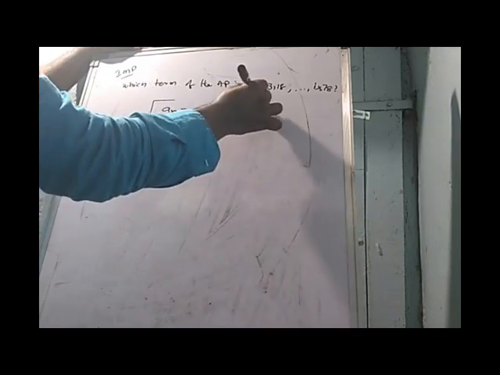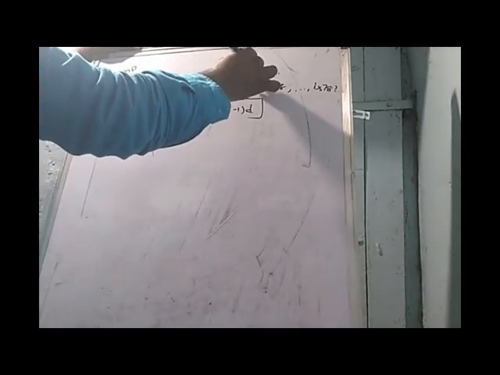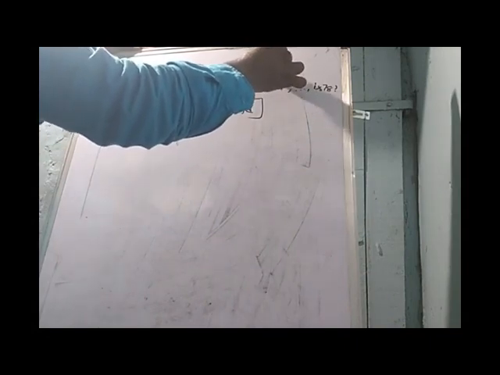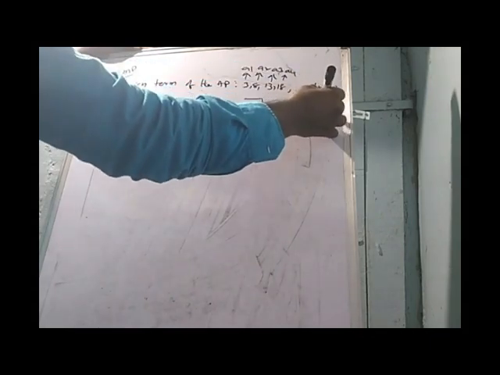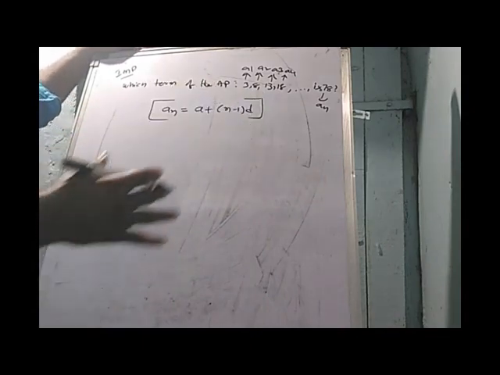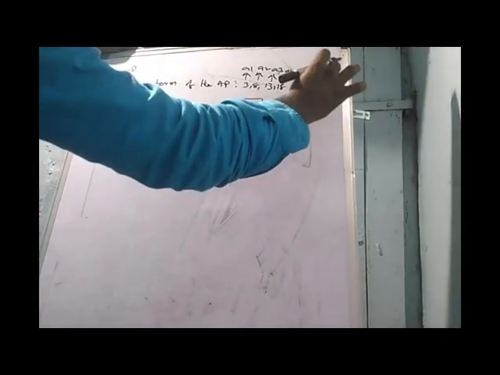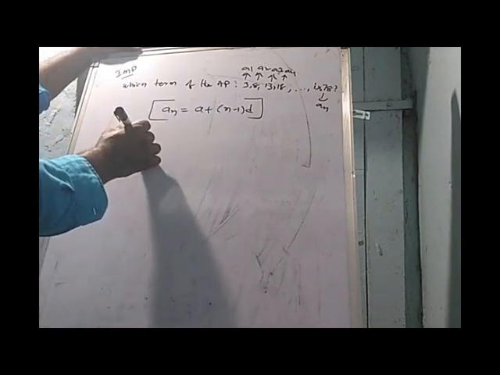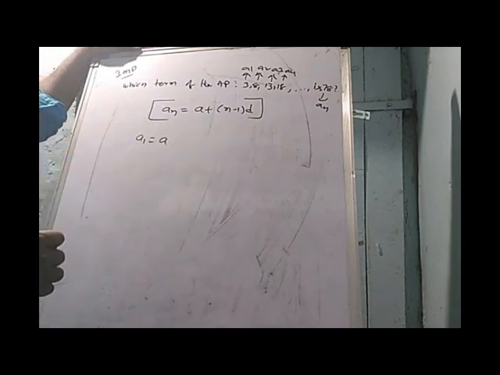This formula we have to use. This one is A1, this one is A2, this one is A3, this one is A4, and this one is the nth term. So any term they ask, we need to find out which term it is, the number of the term. Okay, first of all, A1 is A.